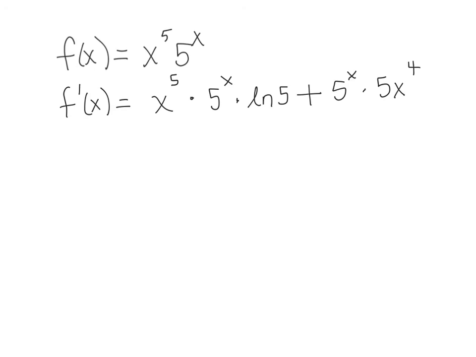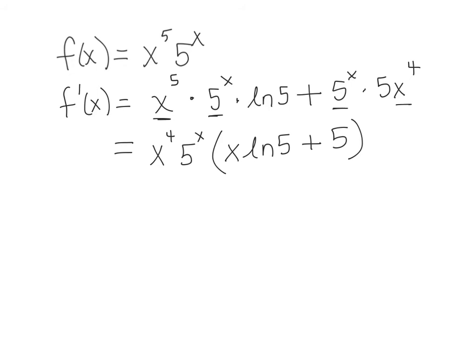Now, I could factor out if I wanted to simplify, and I want to show you how you can do that. I could take out an x to the fourth from both terms. I could also take out a 5 to the x. If I do that, then I'm going to have x left here times the natural log of 5 plus, and then just a 5.